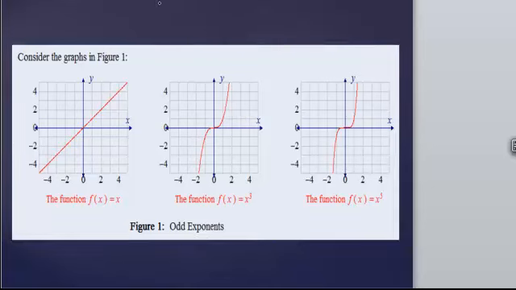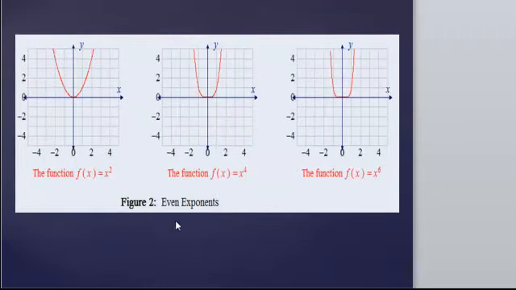Do you notice how it gets a little bit flatter right in the middle? It gets slightly closer to the x-axis at this point. It also gets a little bit steeper. So it's steeper here in both directions, and it's flatter in the middle.